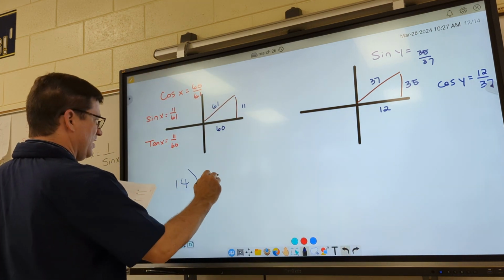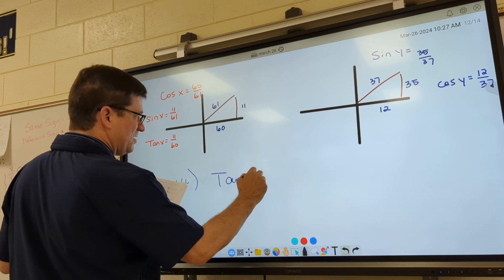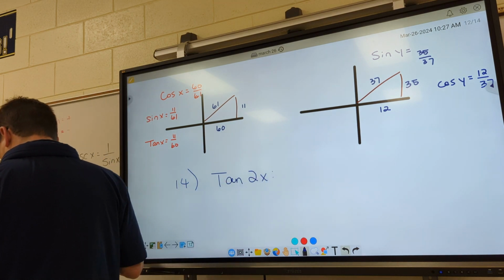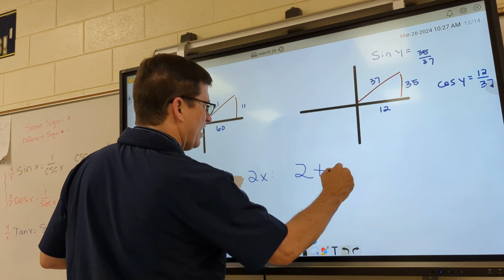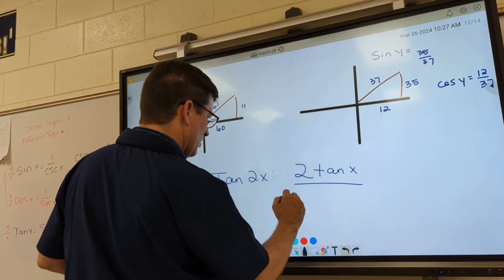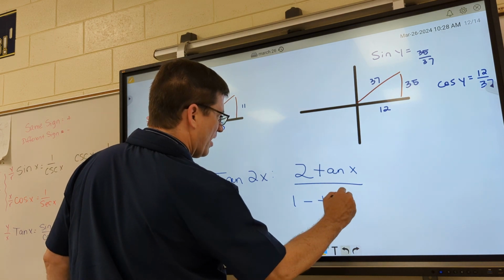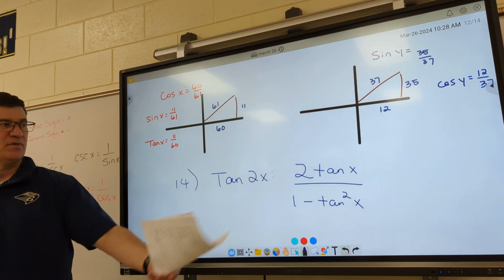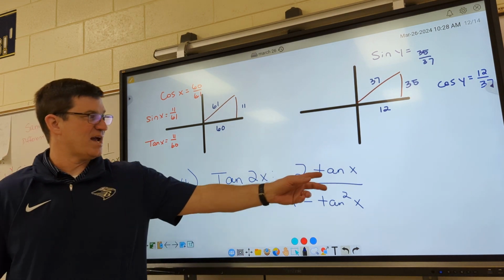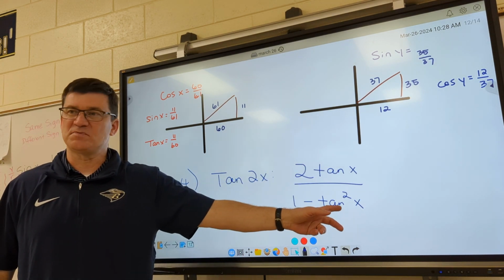All right, 14. We're looking for the formula for tangent 2x. Where's it at? 2 tan x. There it is. 2 tan x on top over 1 minus tan squared on the bottom. Does everybody see where I got this formula from? So all we have to do is plug in tangent of x in this spot and in this spot.